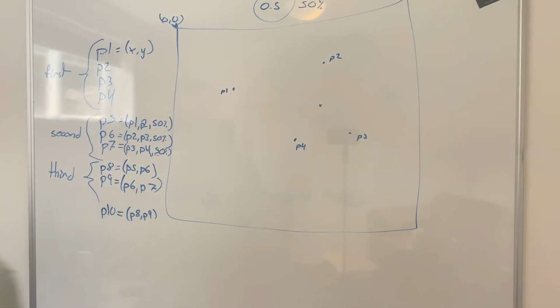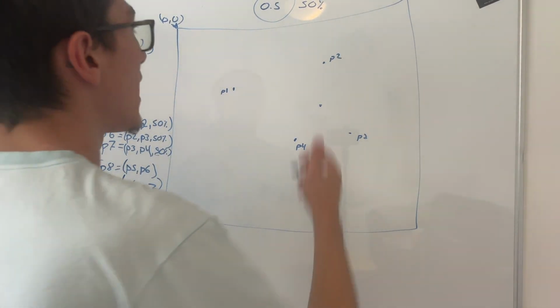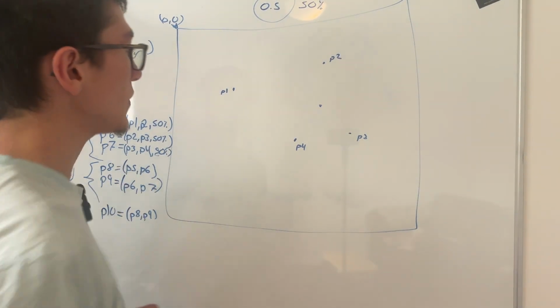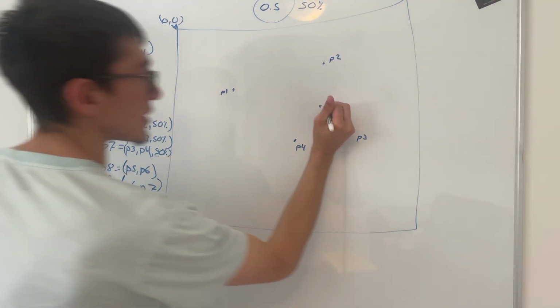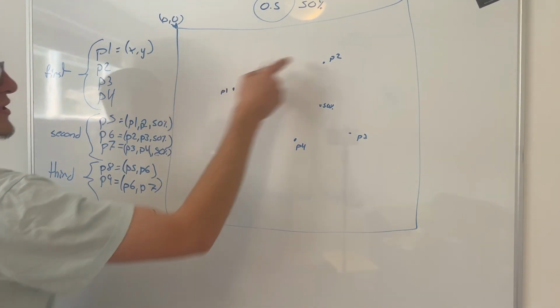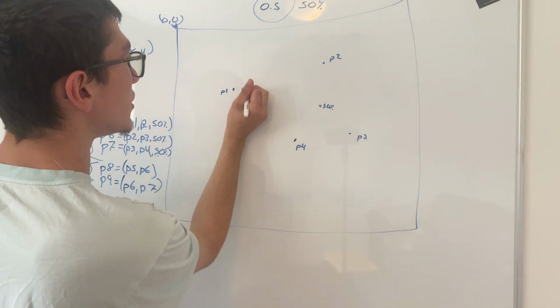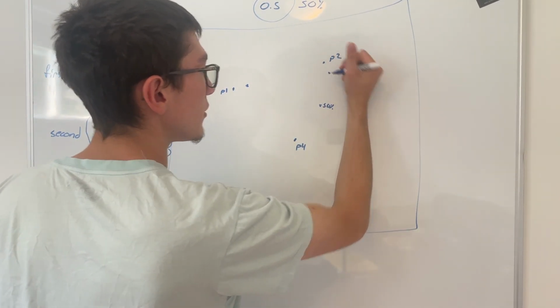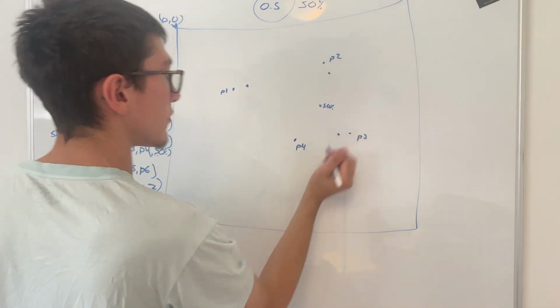So again, now let's say we wanted it at 10%. So this is 50%, so 10% would be over here somewhere, 10% over here, 10% over here, right?